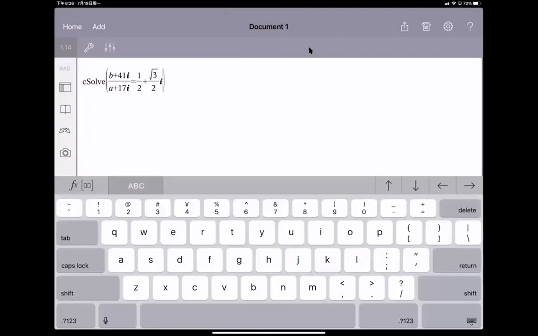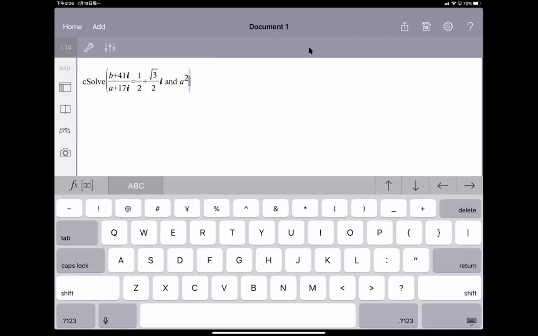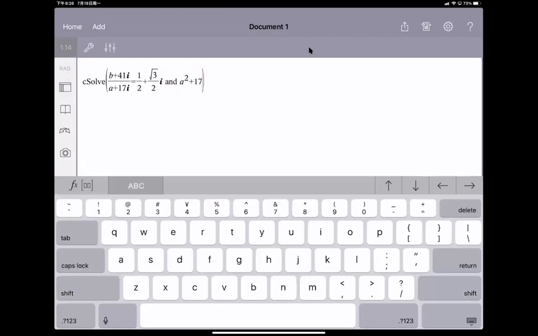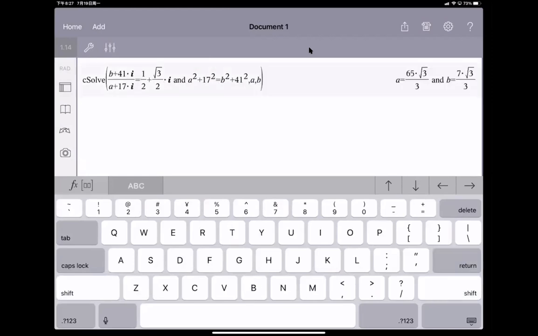And another condition, a squared plus 17 squared equals b squared plus 41 squared, comma a, comma b. That's a nice question. Yep.